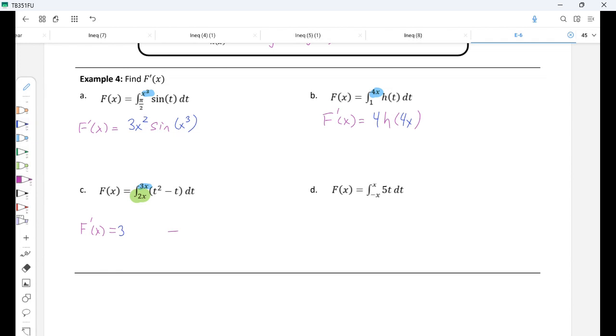And then we are going to take that 3x and plug it in for t. So we are going to get 3 times the quantity 3x squared, that's important, minus 3x, minus 2, and it's going to feel exactly the same. 2 times the quantity 2x squared, minus 2x.